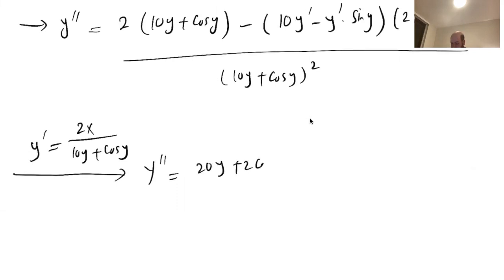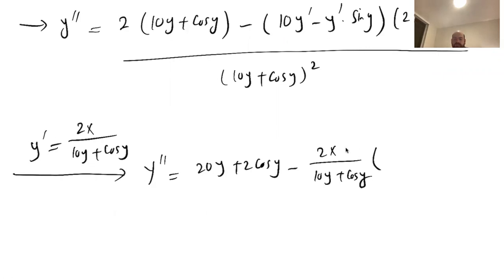20y plus 2 cos y, minus, now y prime, I can take out between these two terms, and at the same time let me substitute the expression for y prime. So minus 2x divided by 10y plus cos y, times, right?